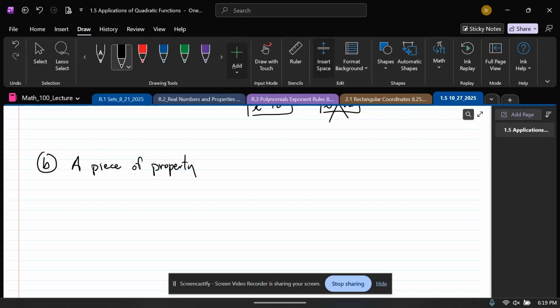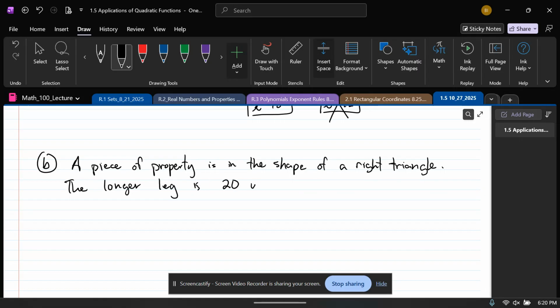A piece of property is in the shape of a right triangle. The longer leg is 20 yards longer than the shorter leg.